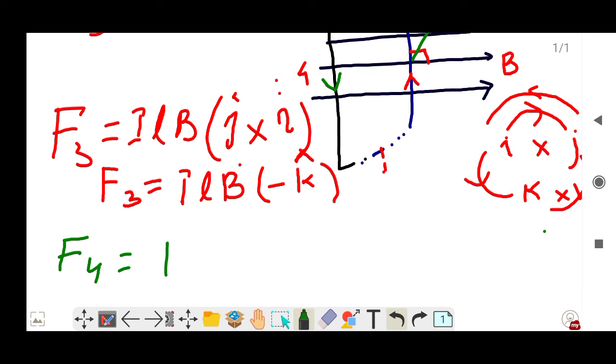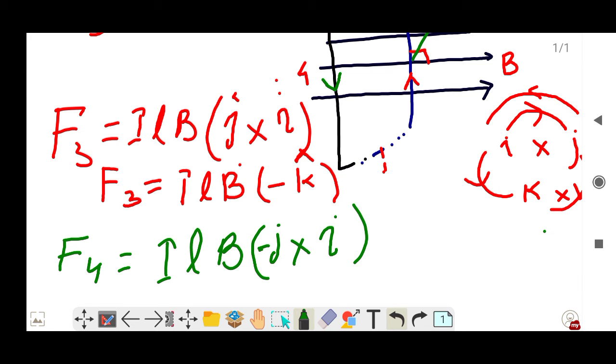So I'll write I, L, B, and the direction is minus J, the direction of current. Here you are taking the direction of length the same as the direction of current. So therefore this will be J cross, the magnetic field was in the I direction initially also. So therefore this can be written as this.